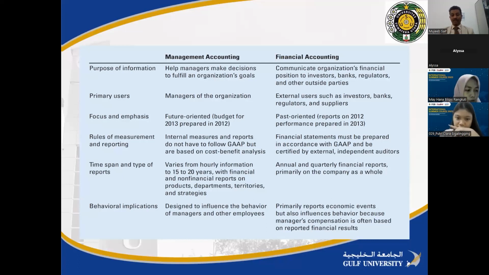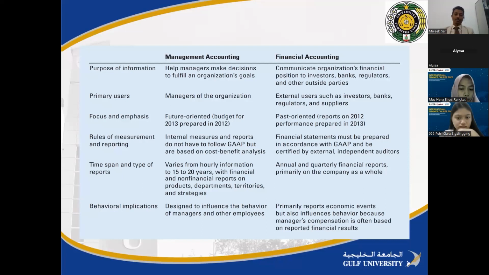But in financial accounting, the purpose of information provided by the accountant is to communicate the organization's financial position to several users, including investors, banks, regulators, and other third parties, including the shareholders and so on.